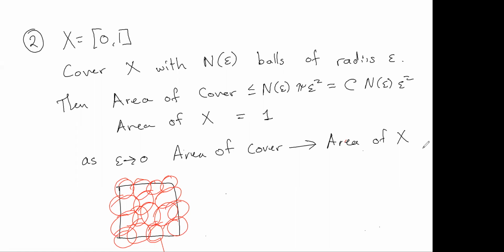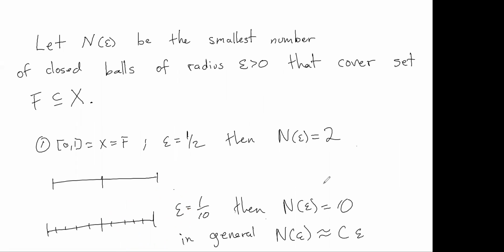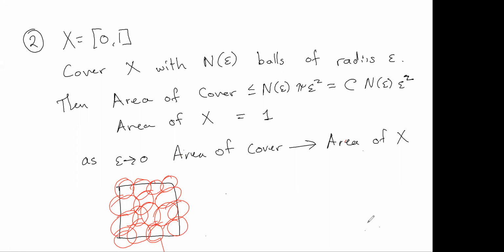So if we continue this process, notice that this is an exponent of 2 now, as opposed to exponent 1, which was for the line here. In general, let's continue using squares, but now in higher dimension.